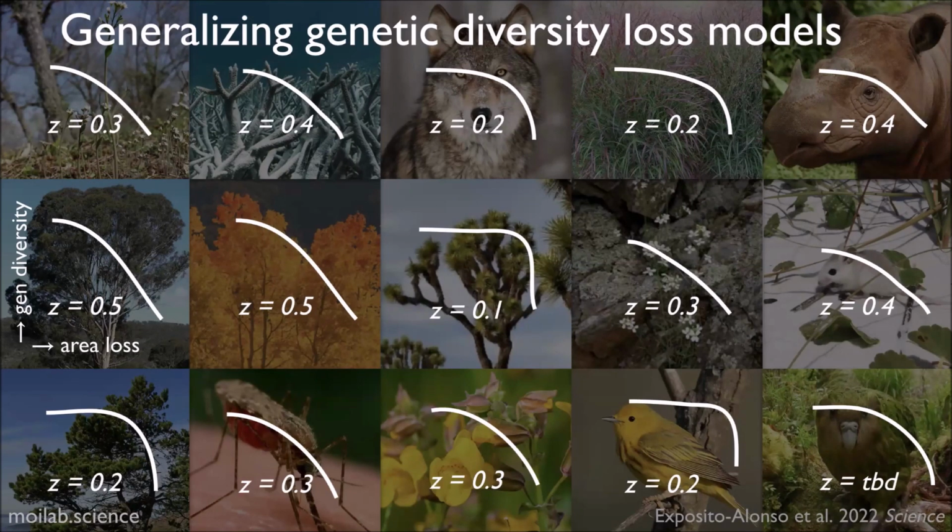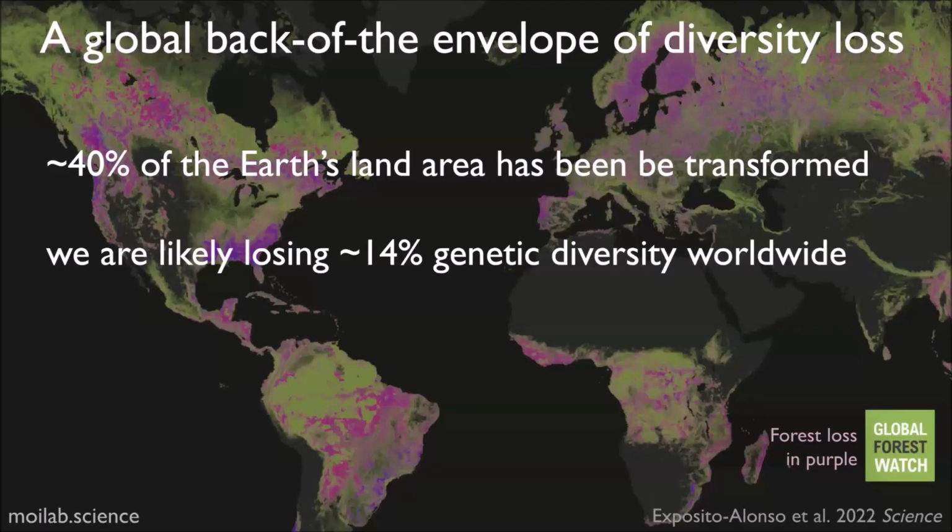But this is very cool because the coefficients were variable, but we can get an average of about 0.25 or 0.3, which could be applied across species if we don't have any genetic data.